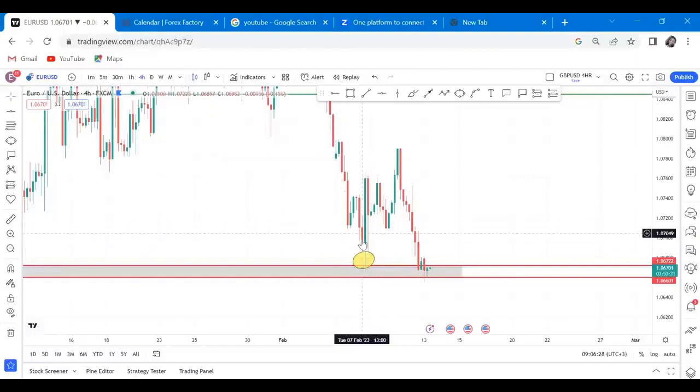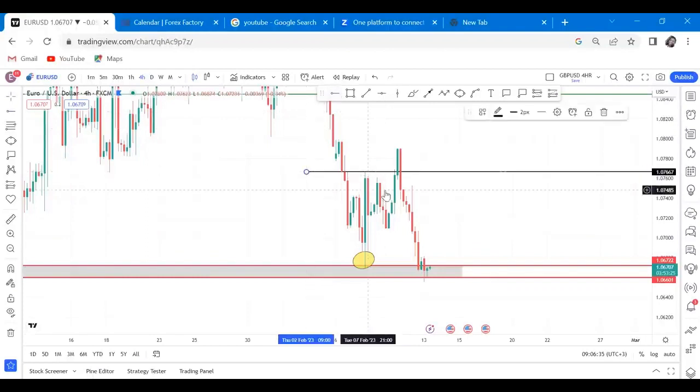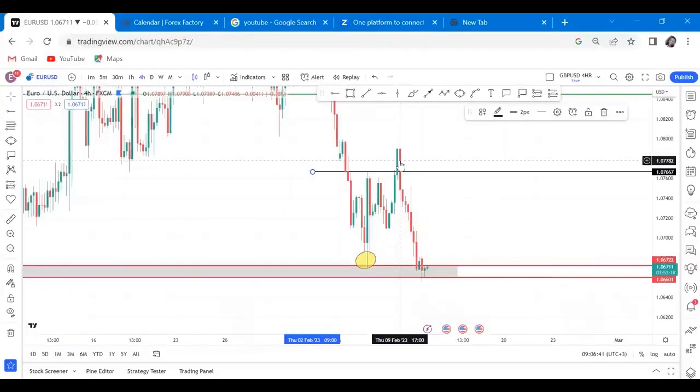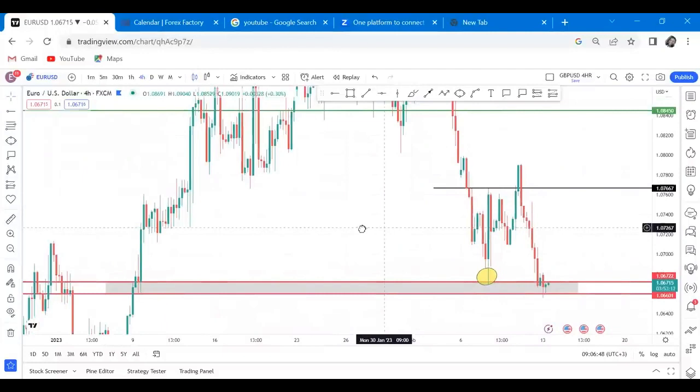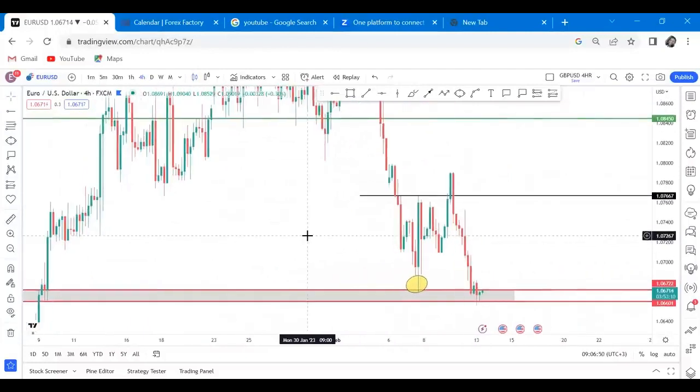You can see after the big green candle followed by a red, we created a small resistance. And then later the resistance was broken. Guys, this is enough to tell you already we have an entry. Already we have an entry for Euro USD. Already Euro USD is a buy. Guys, I hope you have followed.